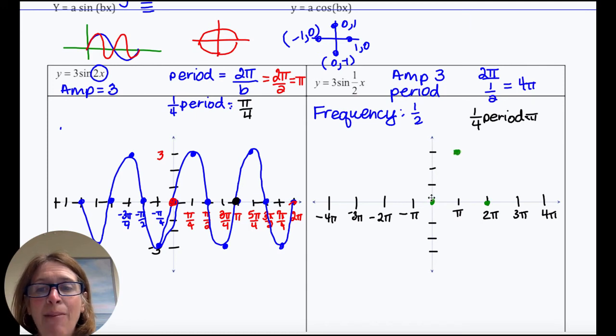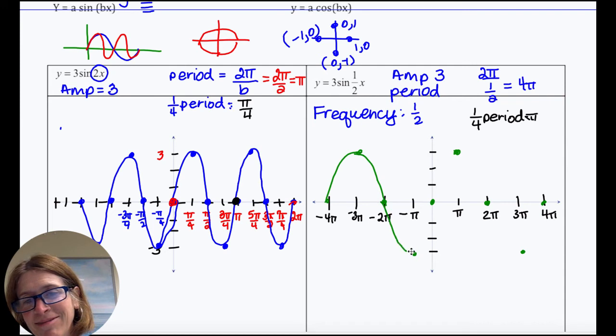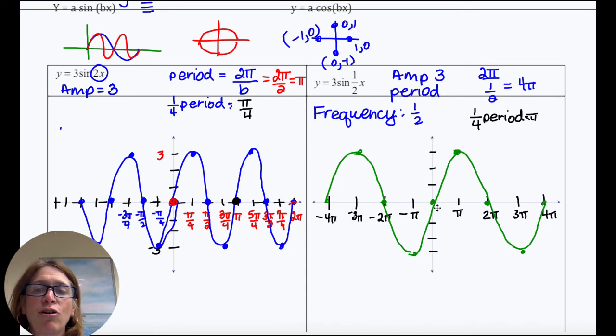So you can see the top part of the graph occurring, and then down, and then up, and then down, midline, up, and down. So while I made the scale look pretty similar to the last one, you can see that only half the graph has occurred between 0 and 2 pi. And that's what our frequency was telling us.